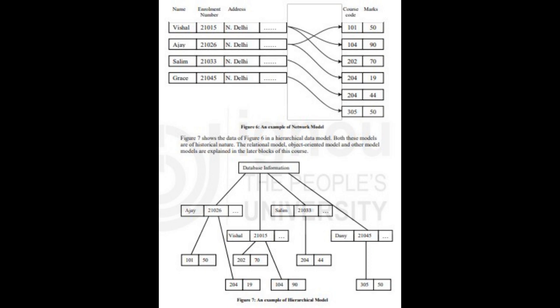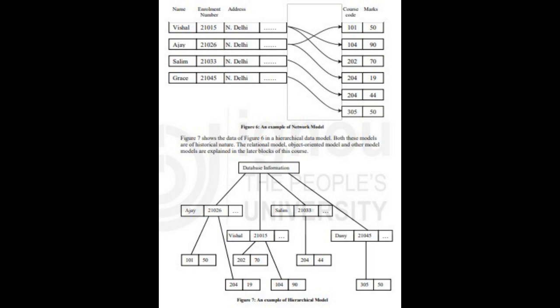Please notice in Figure 6 that the person named Ajay, whose enrollment number is 21026, has obtained 50 marks in the course having course code 101. Further, he has obtained 19 marks in the course having course code 204. Thus, each record on course is linked to one record of the student. Figure 6, an example of network model.